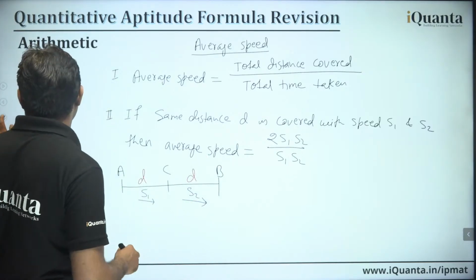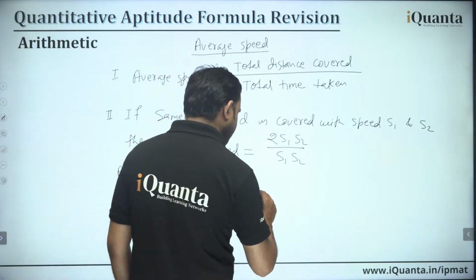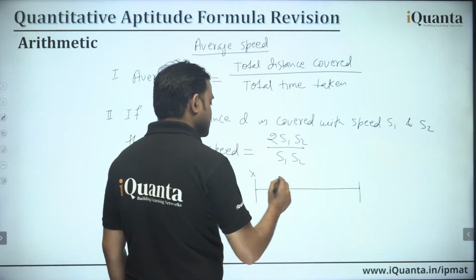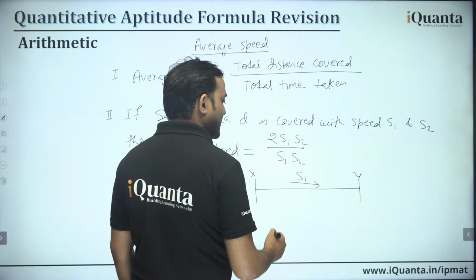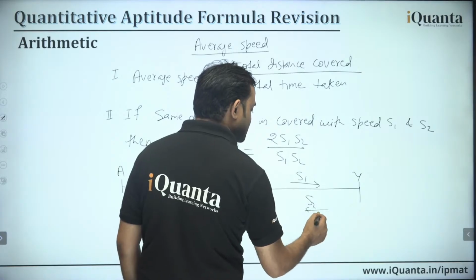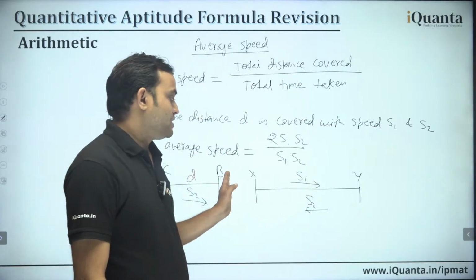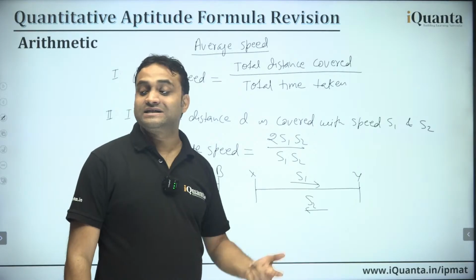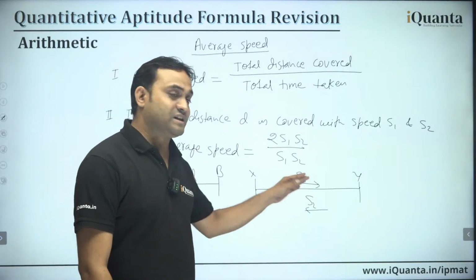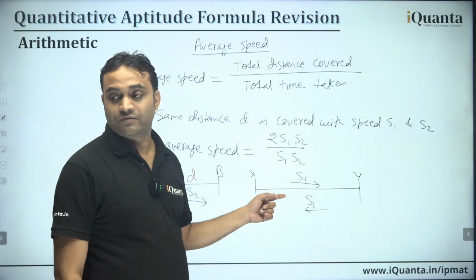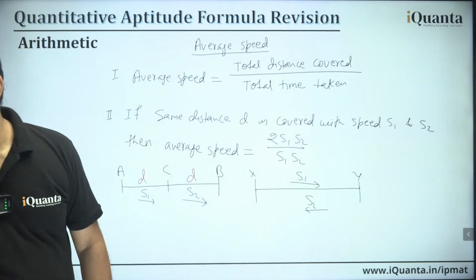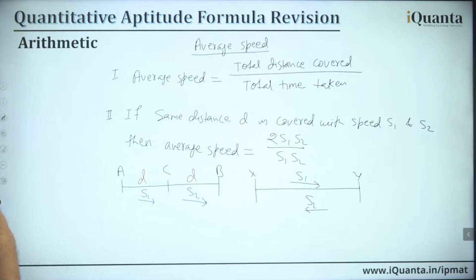Or there is another situation where you can use this: a person is going from X to Y with speed S1 and coming back with speed S2. So in total return journey, what will be his average speed? Going with S1, coming with S2, the distance covered in both situations is the same, which is XY. So that's why you can also use the same formula here as well.